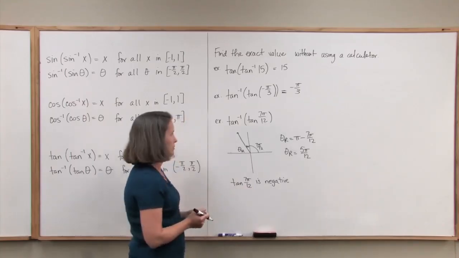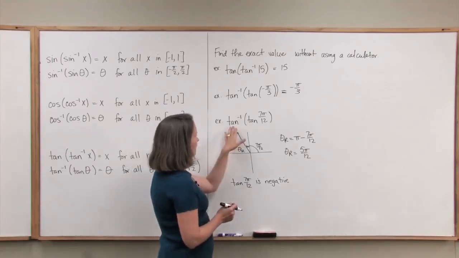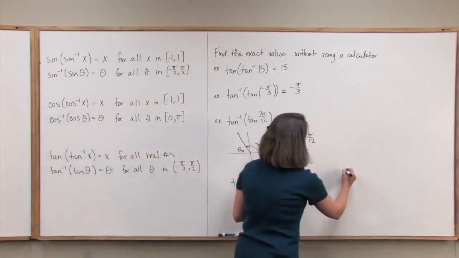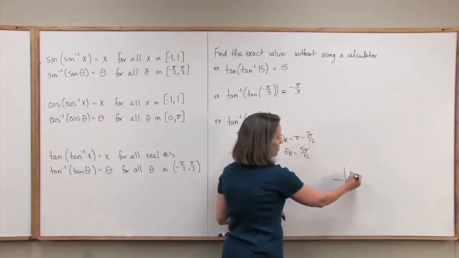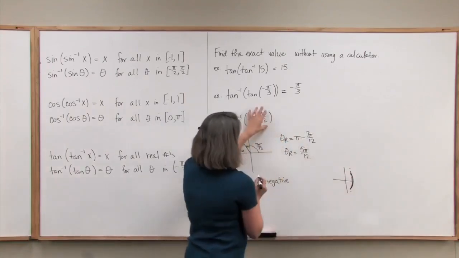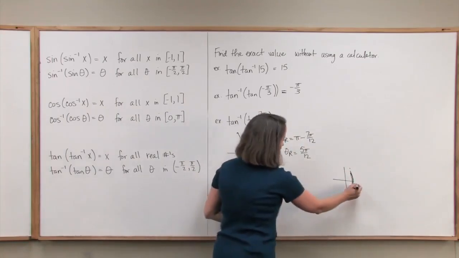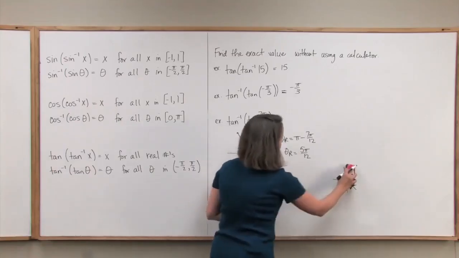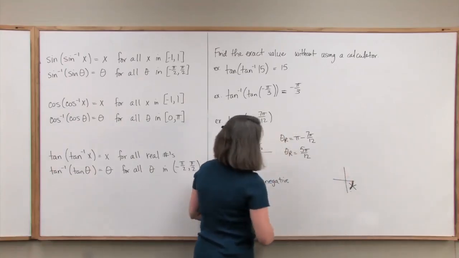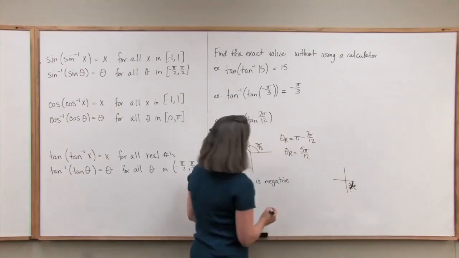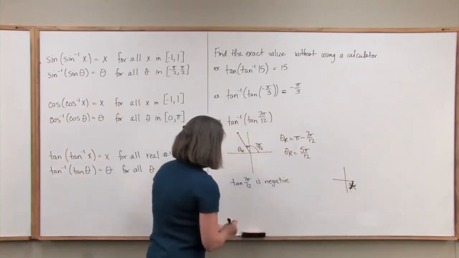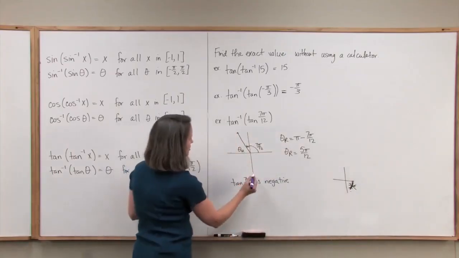So let's think about our inverse tangent function. If you recall, the inverse tangent function has to give you an angle over here between negative pi over 2 and pi over 2. If this is a negative number, then it must be in quadrant 4. Okay, so our answer is somewhere down here in quadrant 4. I'm going to draw that in purple on this one.